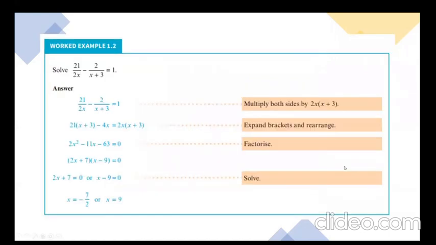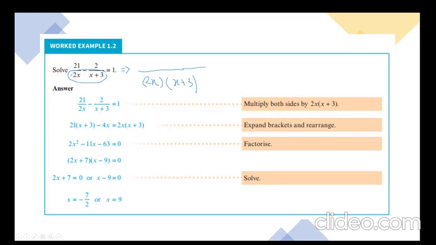Now in the second worked example, 21 by 2x minus 2 by x plus 3 equals 1. First, take the LCM of this equation, so it is 2x into x plus 3.